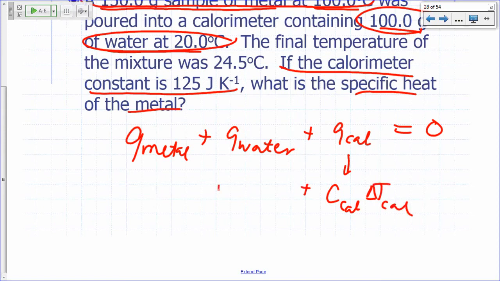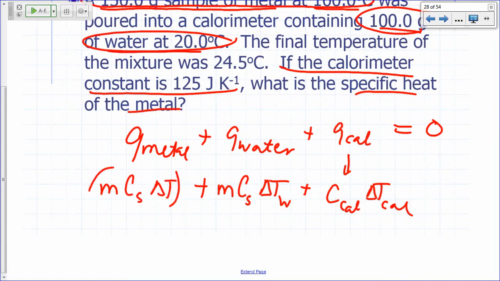What's Q water? Mass of water times specific heat of water times delta T of your water. What's your Q metal? Mass of the metal times specific heat of the metal times delta T of your metal. All of that should add up to 0.